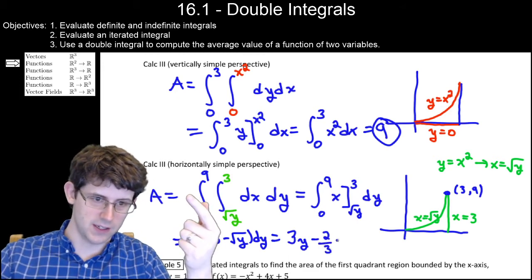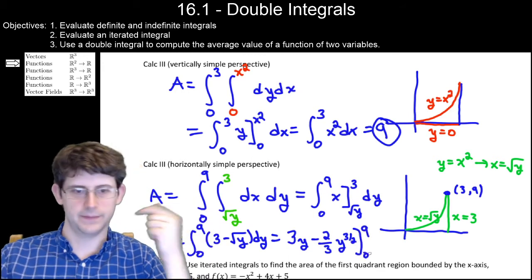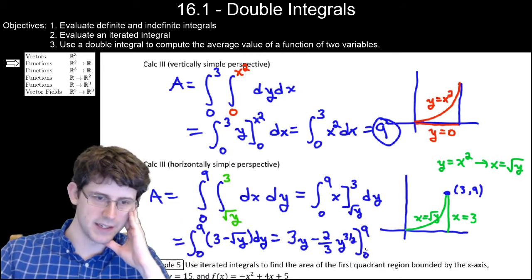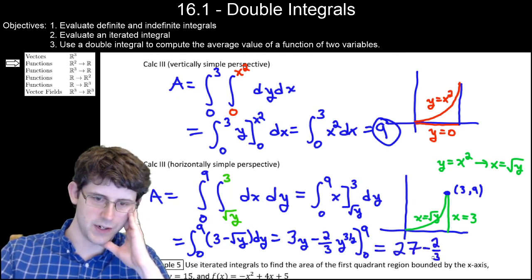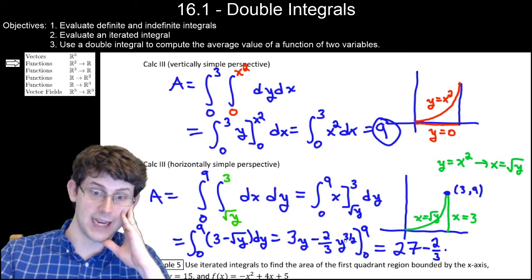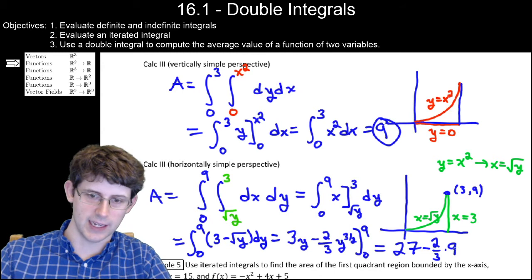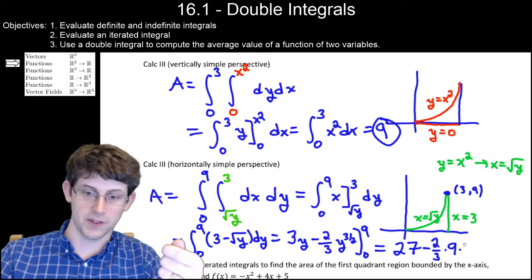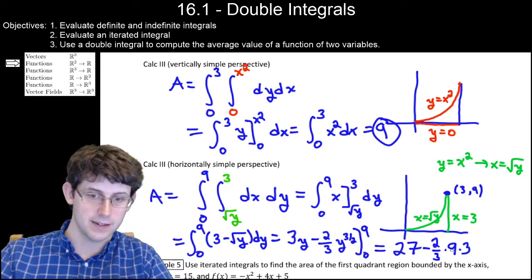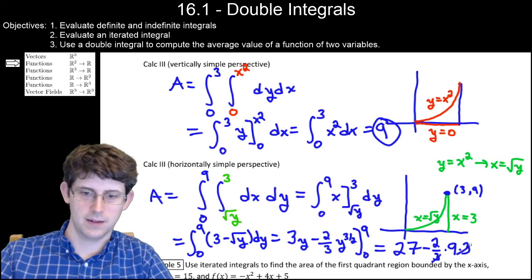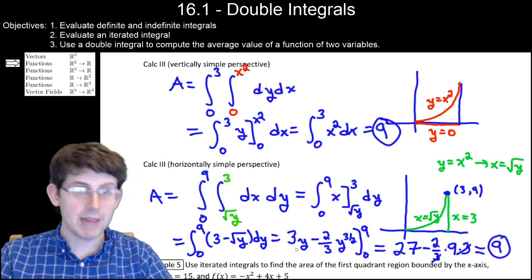So 2/3 y to the 3/2 from 0 to 9. Plug in 9, the zeros won't matter again, so I get 27 minus 2/3 times 9 to the 3/2. 9 to the 3/2 is 9 times 3. Anyway, I get 27 minus 18, that's 9. So I get the same answer both ways.